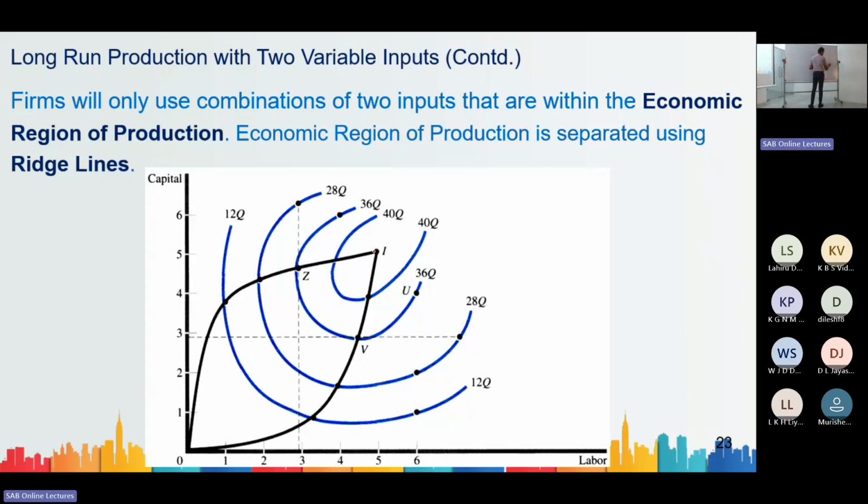There are two ridge lines, the lower ridge line and the upper ridge line.